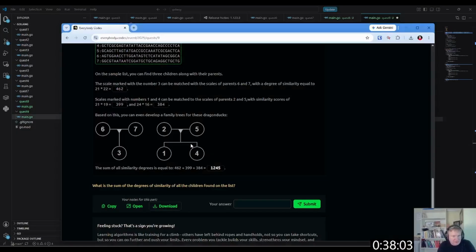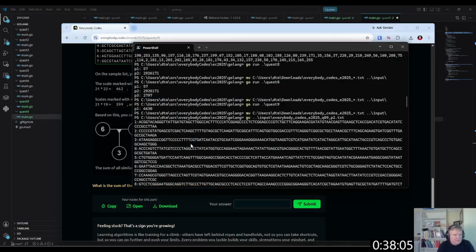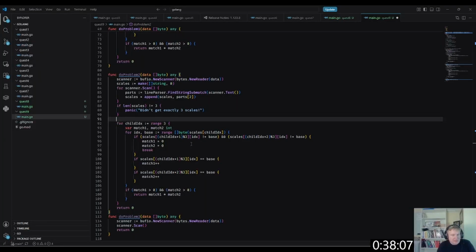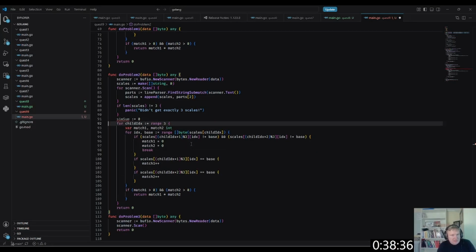The sum of all similarity degrees. Okay, so yeah. Okay.